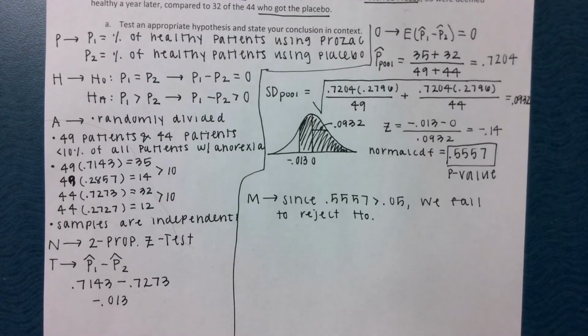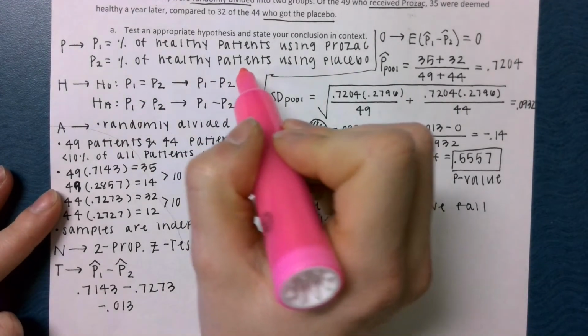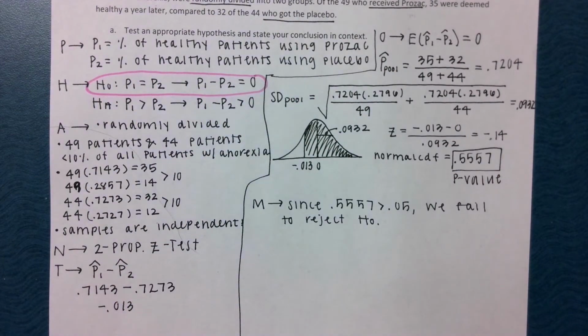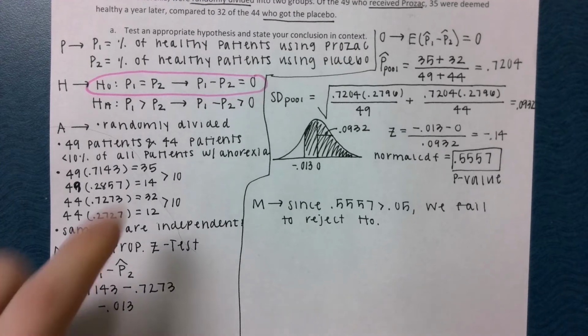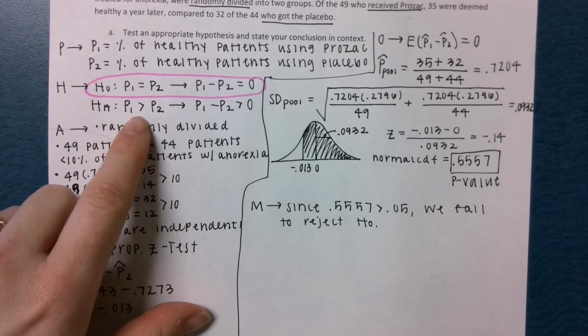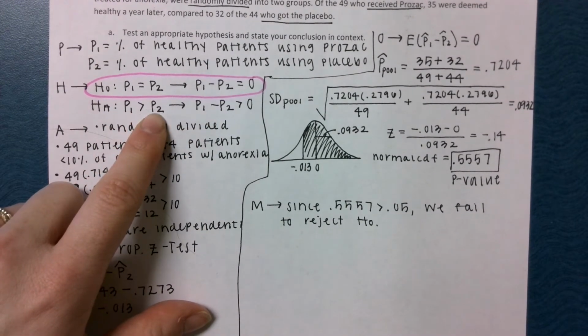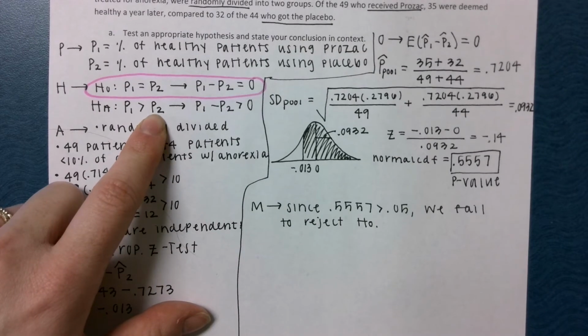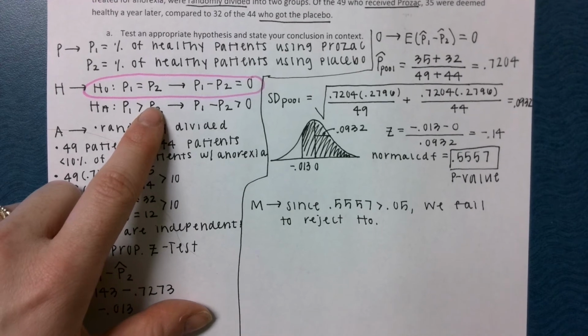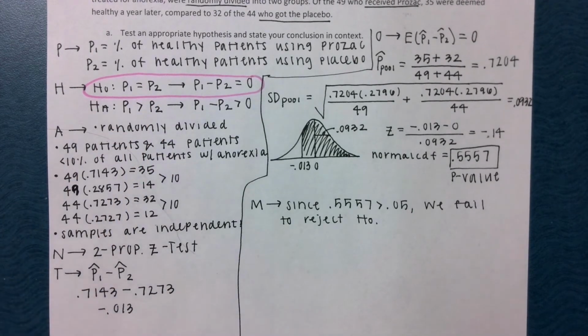Failing to reject H0 means that I think H0 is true, so I think that my assumption here in the beginning was accurate. That means that we do not have any evidence that the proportion of healthy patients using Prozac was greater than the proportion of healthy patients using the placebo. So long story short here, I don't have any evidence to show that Prozac is doing a better job than the placebo.